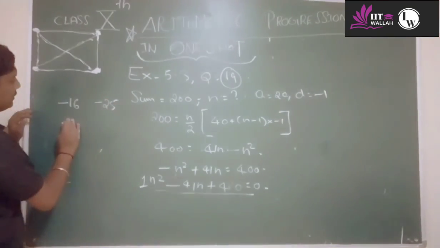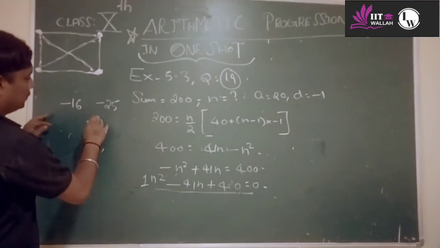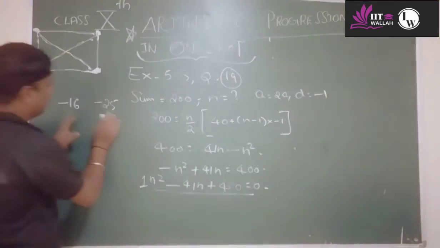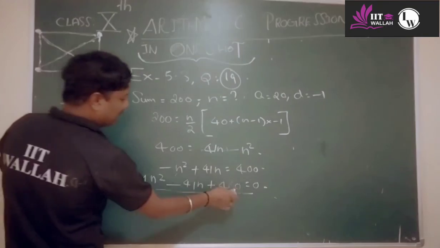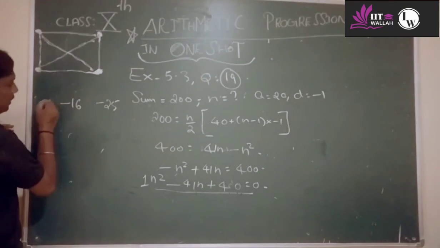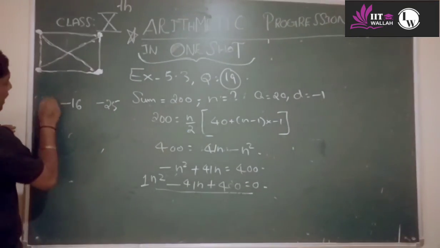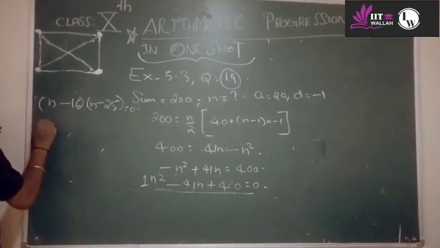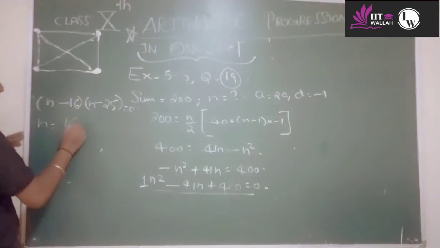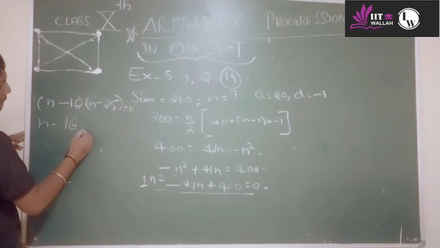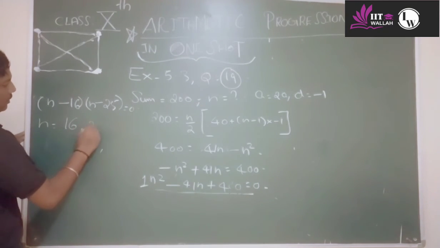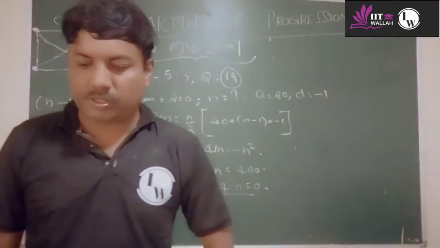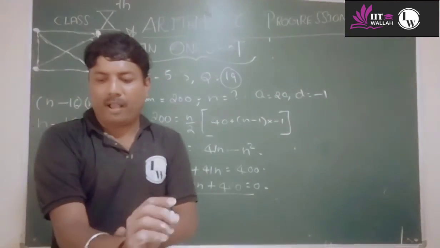If you add these, you will get minus 41, and if you multiply, you will get 400. So now put n on the left side and equal to 0. So n is equal to 16, 25.